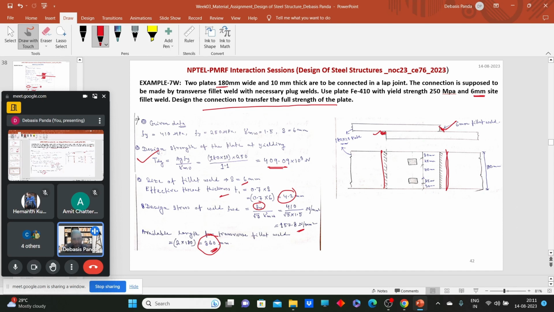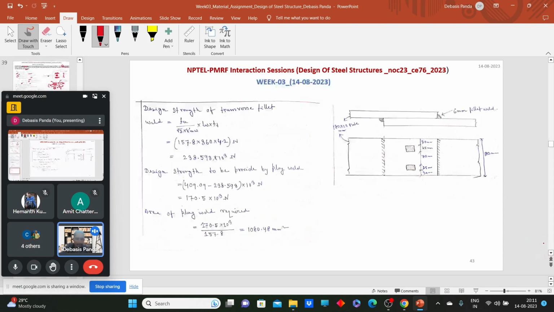So first we need to calculate how much load this length of fillet weld can transfer safely. Here Fu L_w t_t, the simple formula we know. So we can calculate that 238.593 kilonewton load we can transfer through this joint. But actually, how much load do we need to transfer? 409.09.